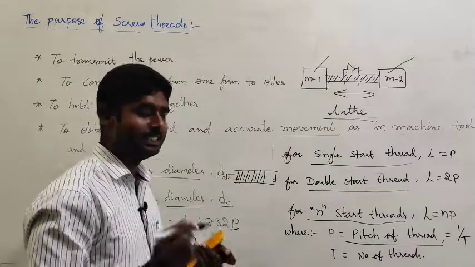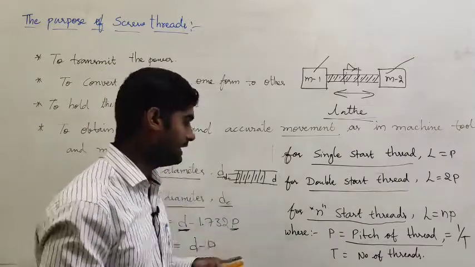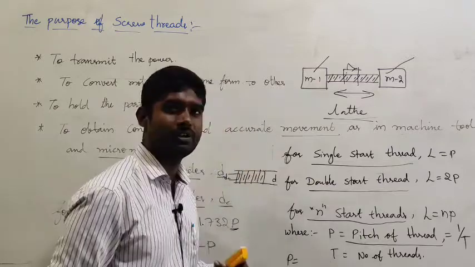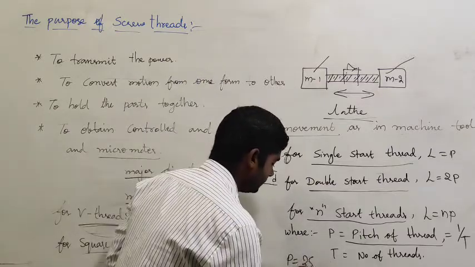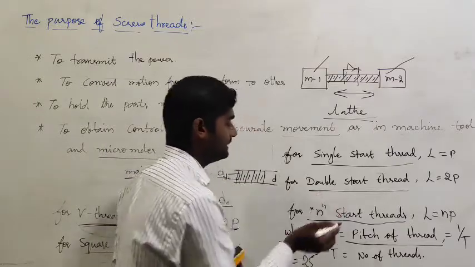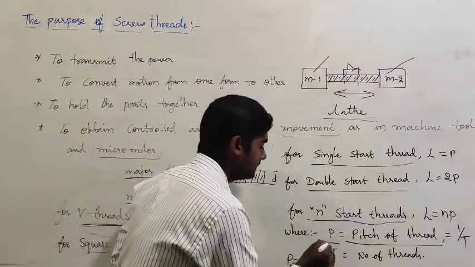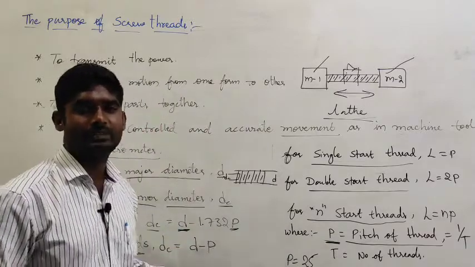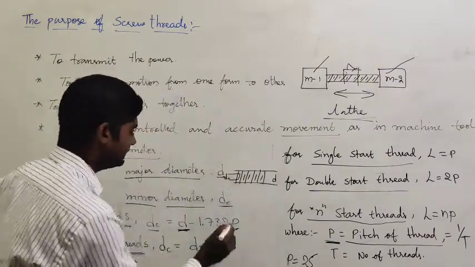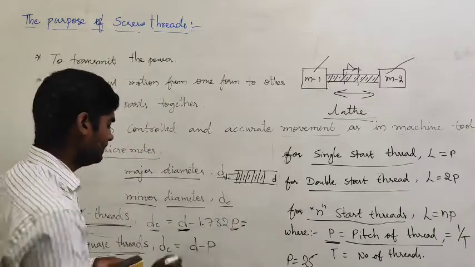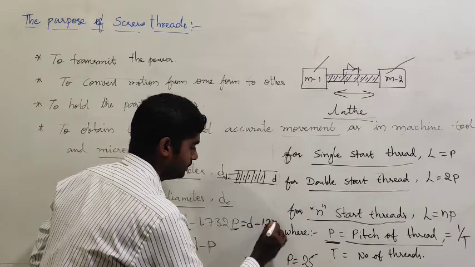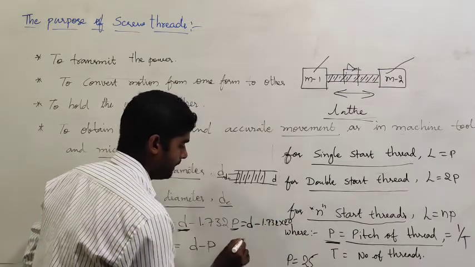In machine drawing we have already seen standard diameter specifications, where pitch is equal to 25. The diameters depend upon the pitch value. Let's say the pitch value is 20, or 25. Let's substitute 20: D minus 1.732 into 20.